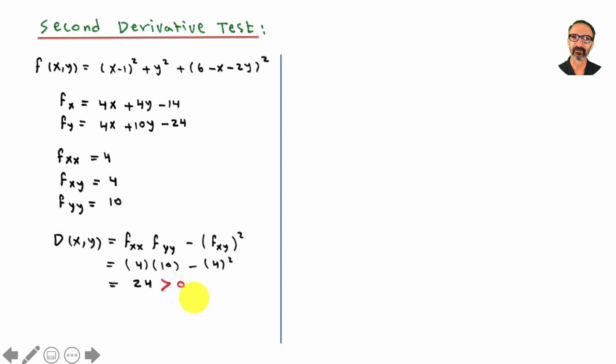In the first case of the second derivative test, once you find D is positive, you go after f_xx and see if it's positive, you call it local minimum. If it's negative, you call it local maximum. If D is negative, that's case 3, and if it's 0, that's case 4. Look, it's positive.